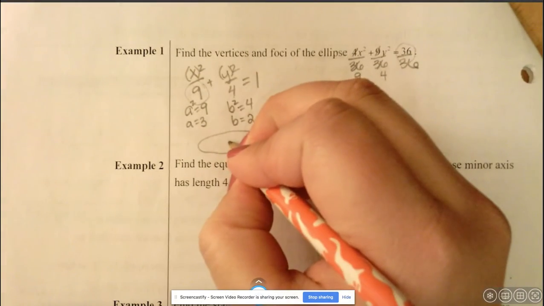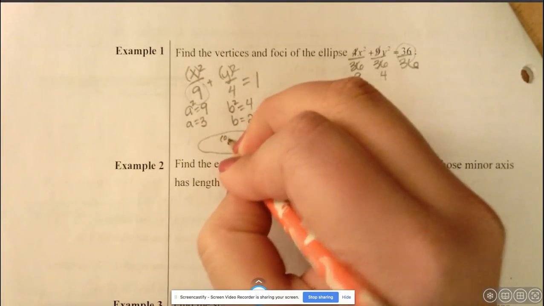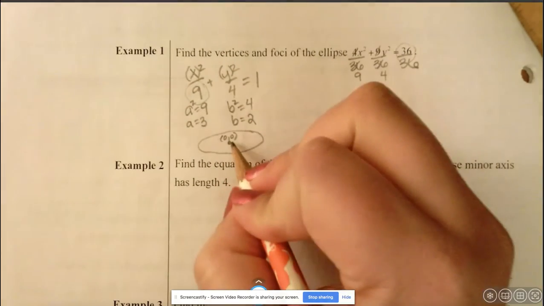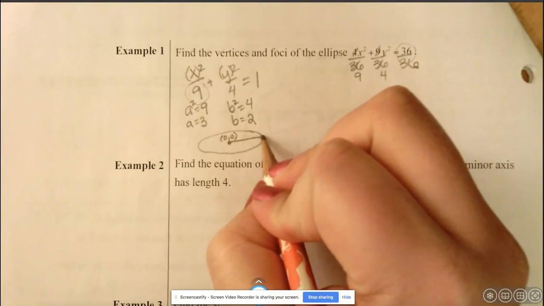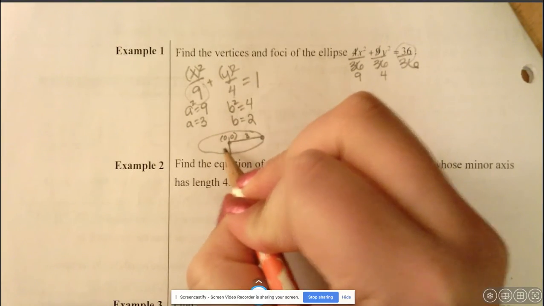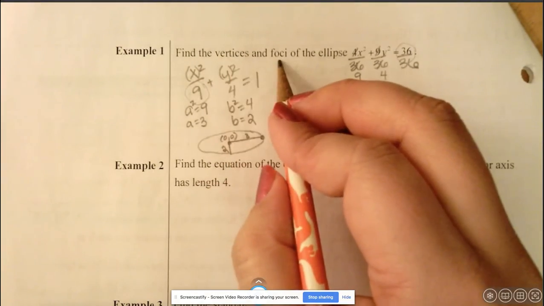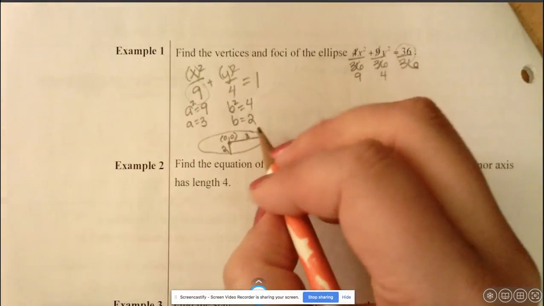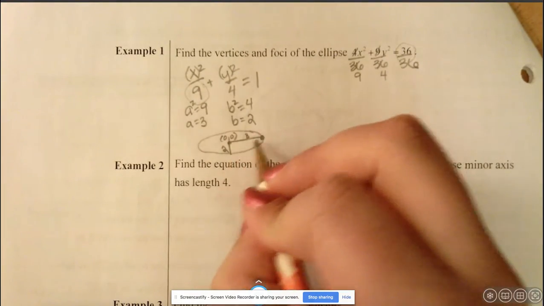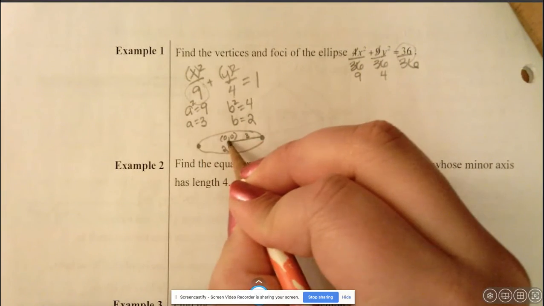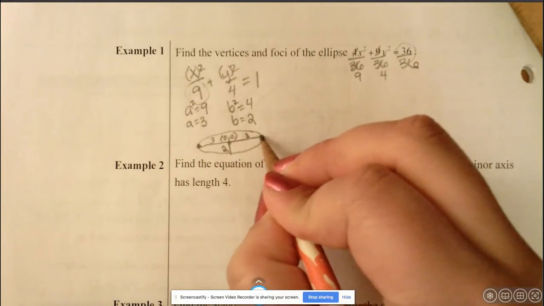So we have our center here at 0, 0. Our semi-major axis is 3. Our semi-minor axis is 2. Okay, we want to find the vertices and the foci. I can use the information I have right now to find the vertices because a distance of 3 in either direction will give me the points.